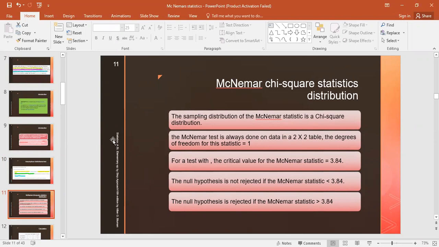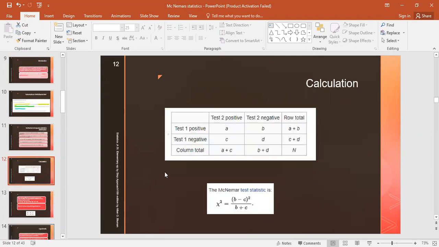The critical value for the McNemar statistic is 3.84. The null hypothesis is not rejected if our end result is less than 3.84, and the null hypothesis is rejected if the result of the McNemar test is more than 3.84.